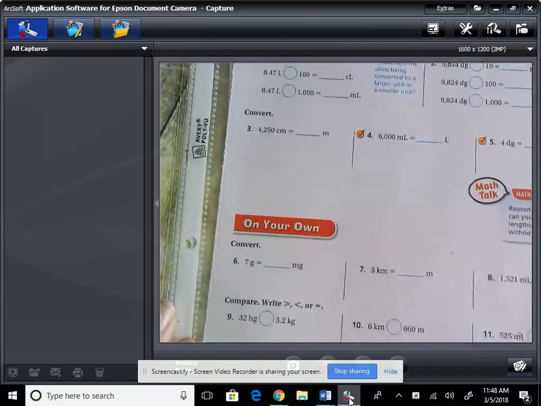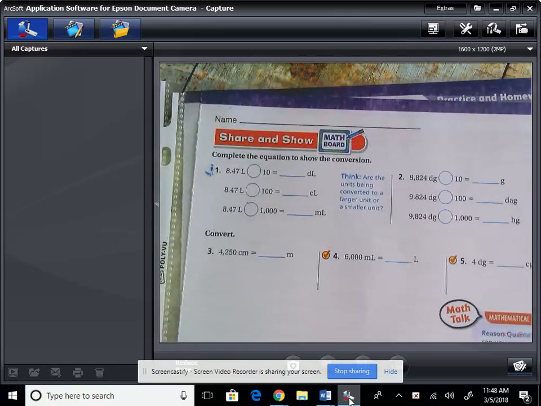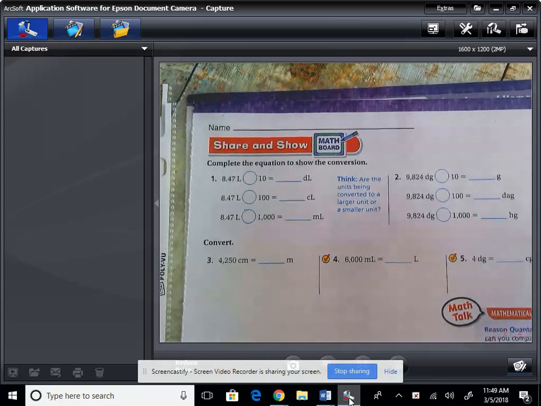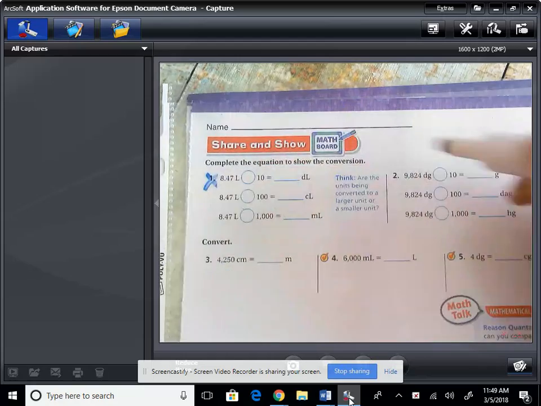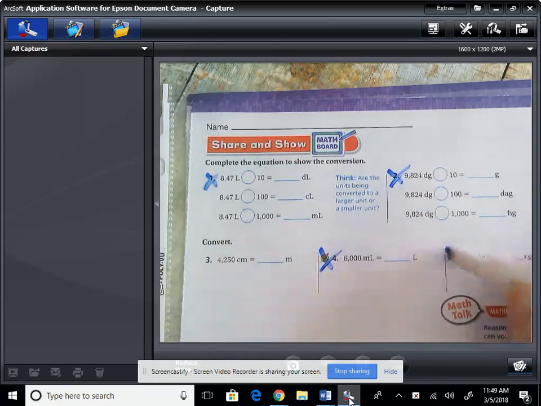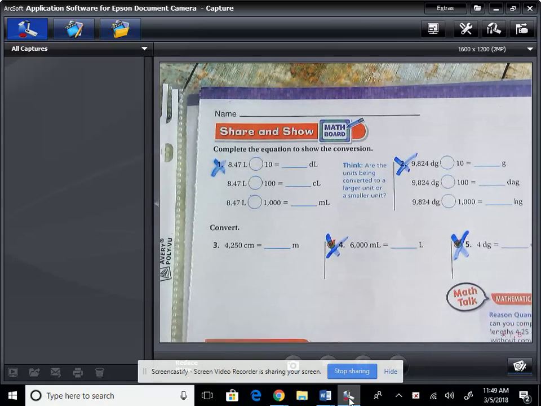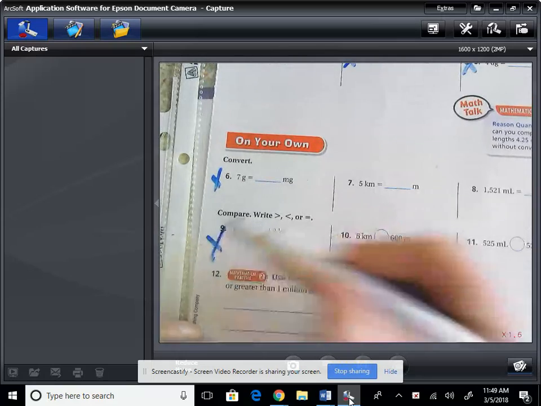So now we're going to show what we know. I think you understand this pretty well, so I would like you just to do 1 and 2, 4 and 5, and pick one from this row. Pick one from this row.